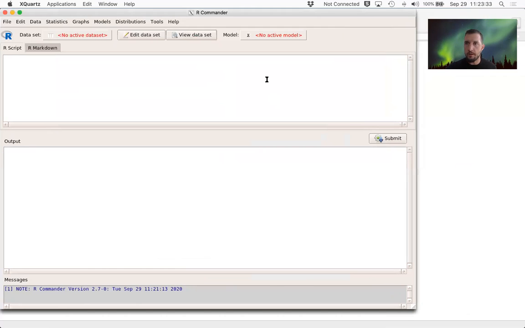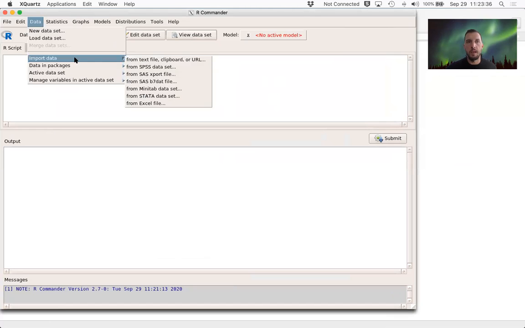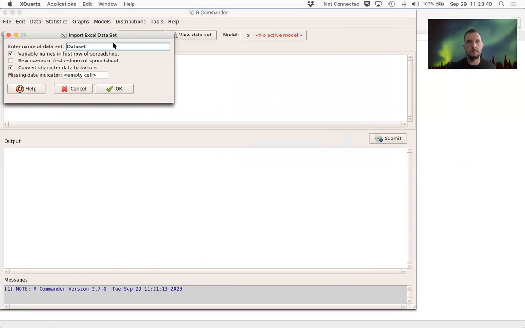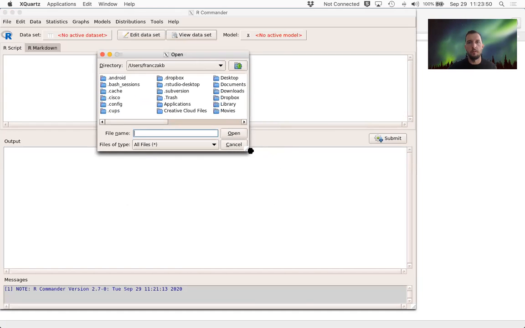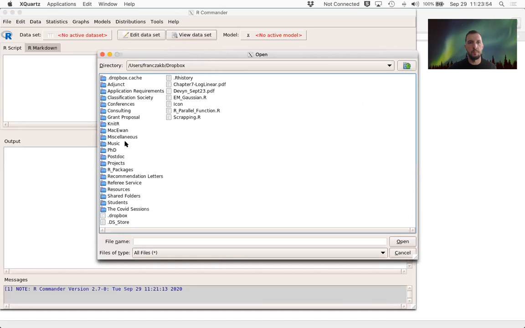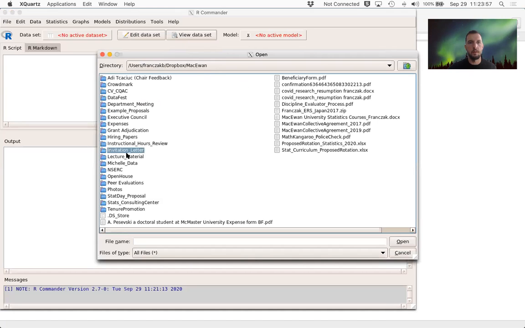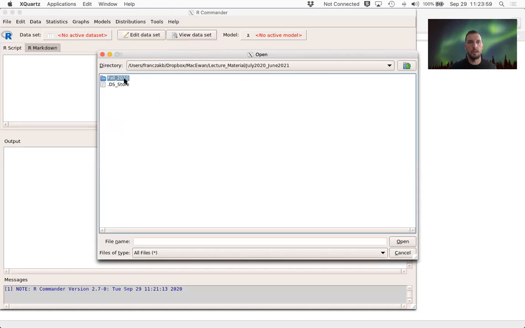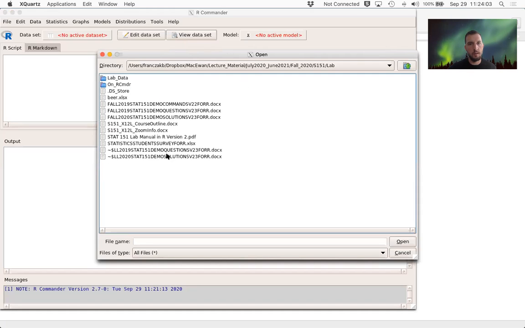So we go to R Commander, Data, Import data, from Excel. This will be survey data. You can call it whatever you want. I spelled survey wrong. Click OK. And there it is.